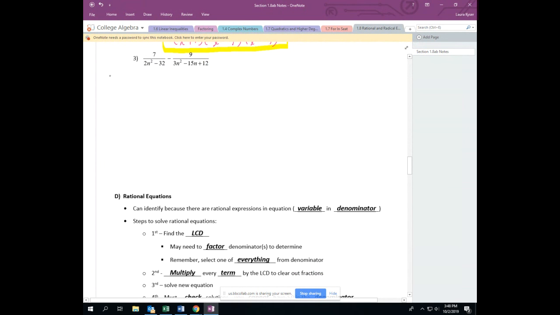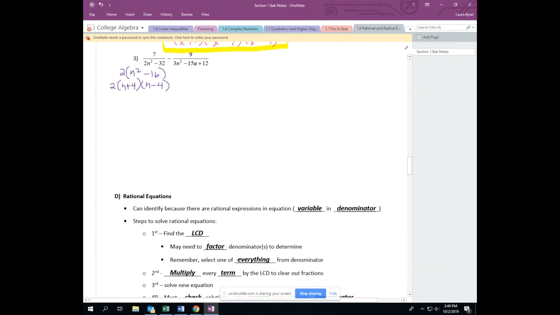First off, on the left-hand side, there's a GCF of 2, and then I'm left with n squared minus 16. And that is the difference of squares, which factors further. So actually, this is going to look like 2 times n plus 4 times n minus 4.